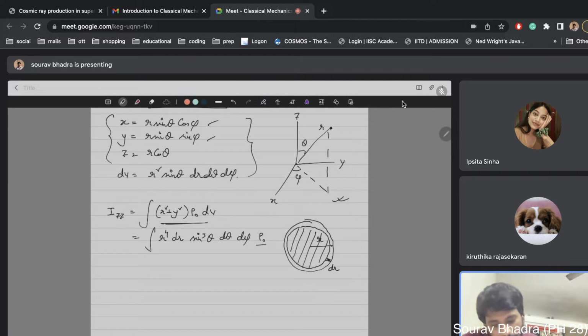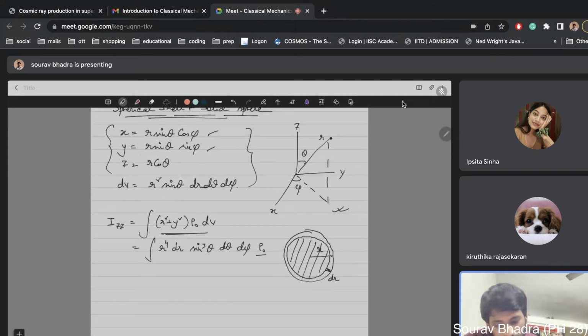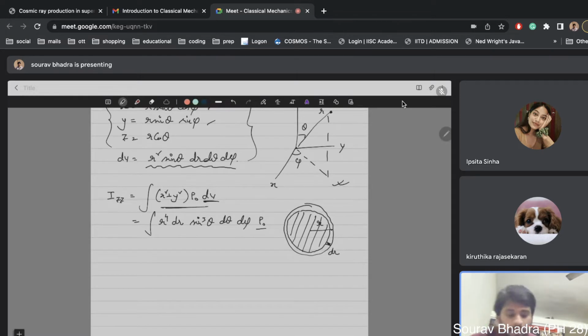So just check it. What I have done is substitute x and y in terms of theta and phi, and also written the volume element dV as r square sin theta dr d theta d phi.